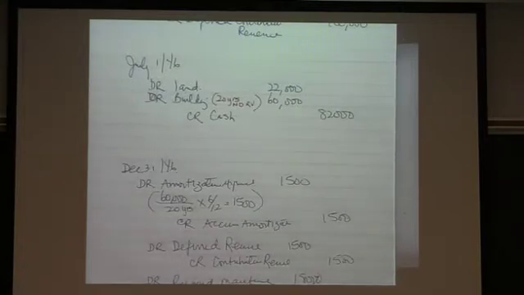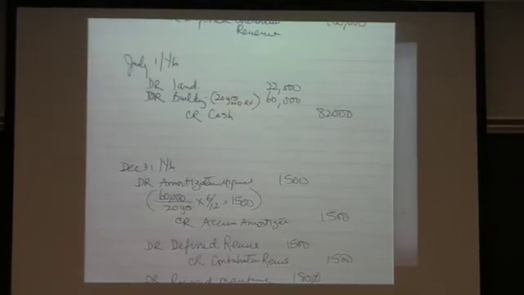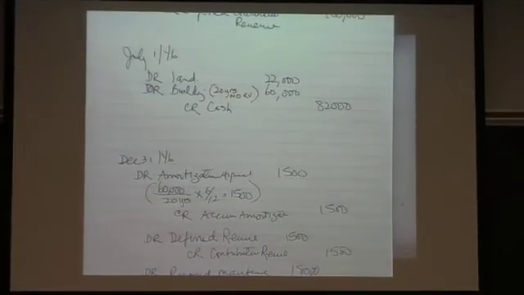And this prepaid maintenance is a 3-year maintenance that's going to start next year. So that's why the entry is just a debit to prepaid maintenance and credit to cash.